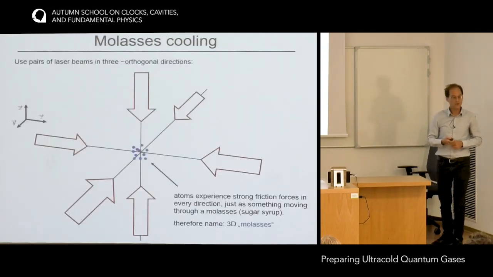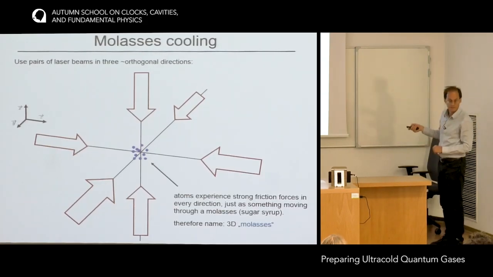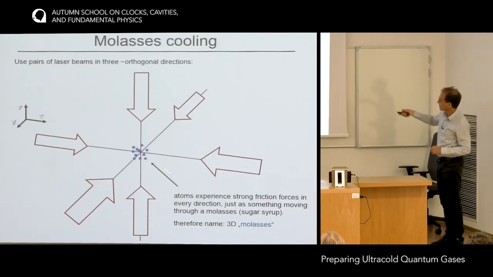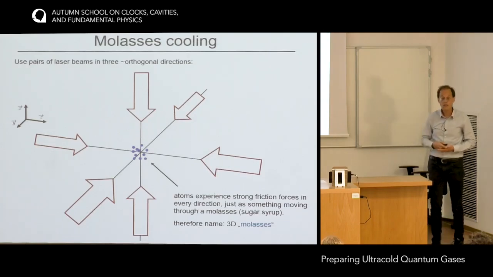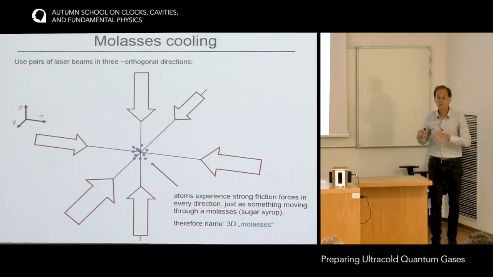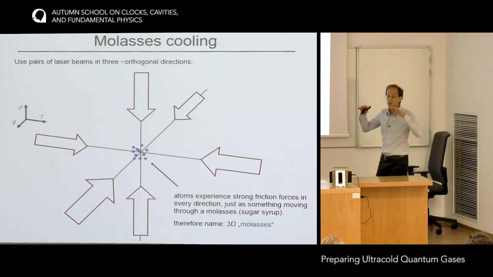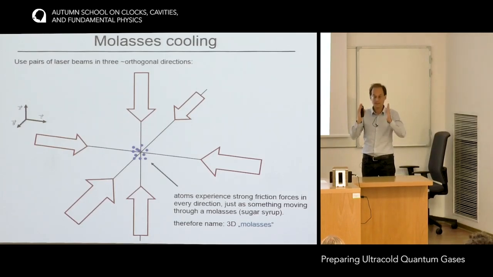And that's now slow enough to capture the atoms in the magneto-optical trap Marco described. Six laser beams, or here molasses, six laser beams from six directions. All laser beams are detuned a little bit too low in frequency. They are not addressing the atomic resonance, they are lower in frequency.